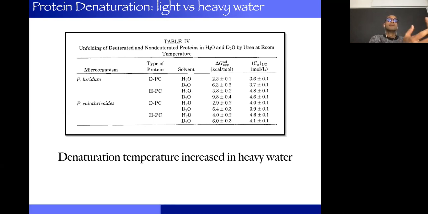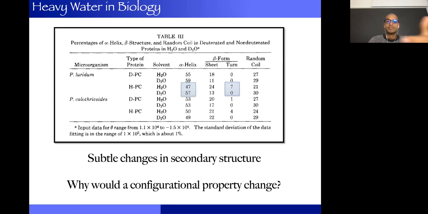Okay, and so in biological systems, where there's a lot of water, quantum effects associated with things like zero-point energy and tunneling, even at room temperature, play a very, very important role.